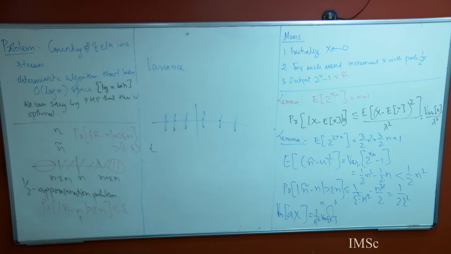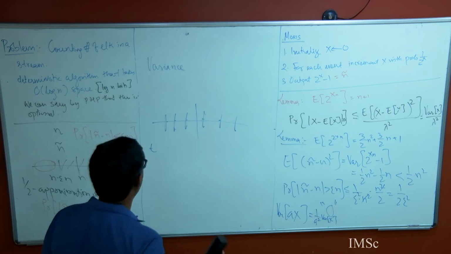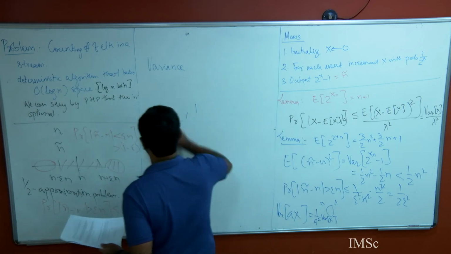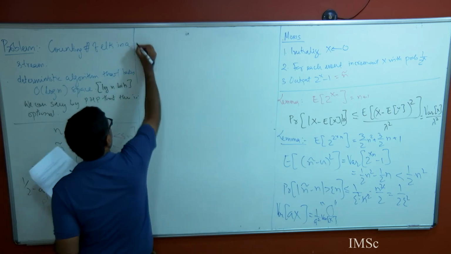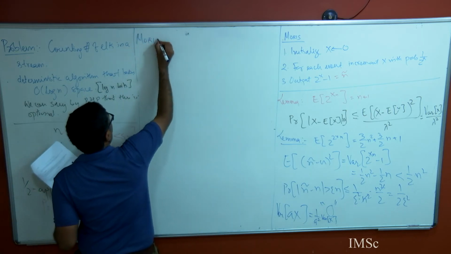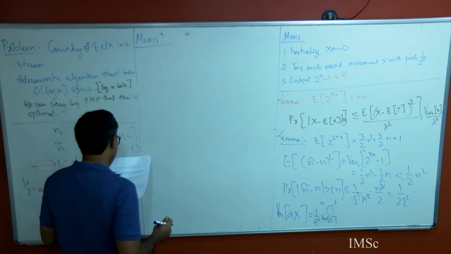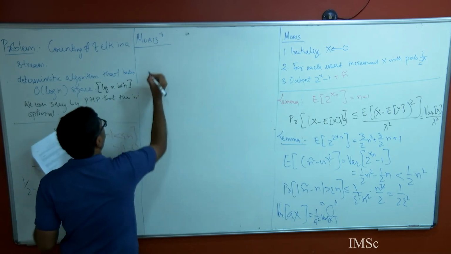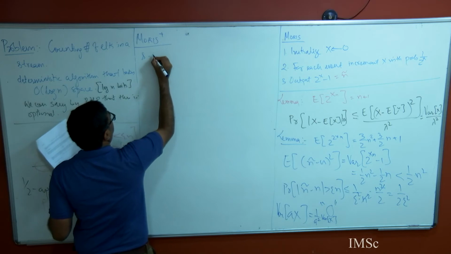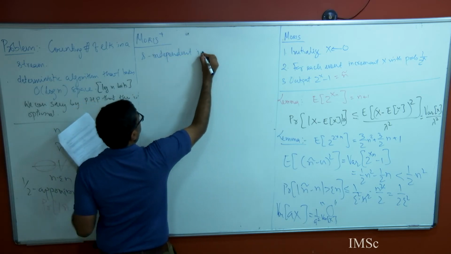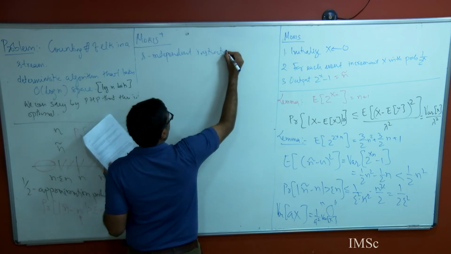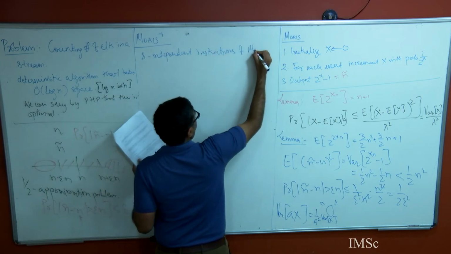Okay, so now what we did last time is Morris plus. What is the Morris plus algorithm? It was very simple. We ran S independent instantiations of Morris.